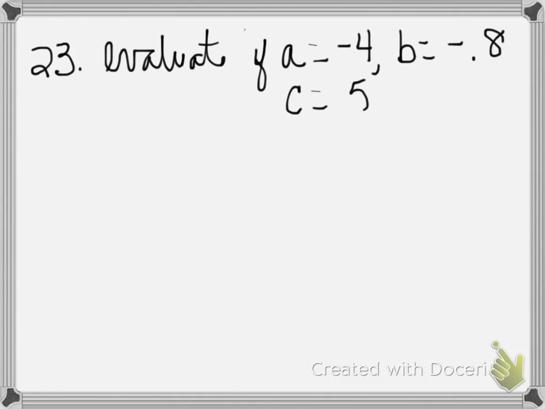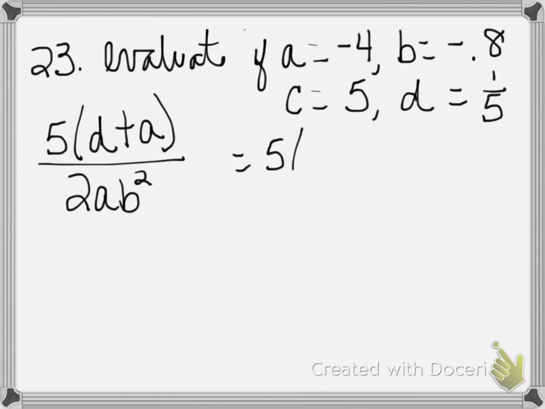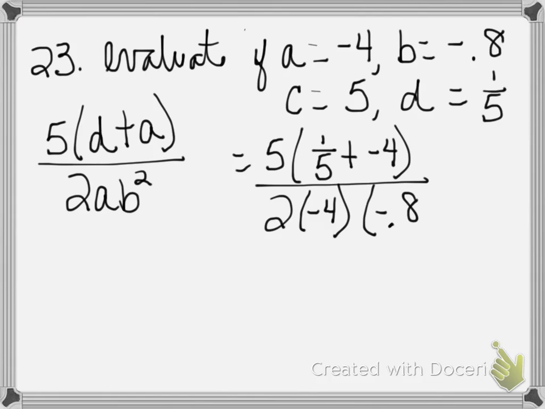Here's number 23. Now, you could have done this two ways. You could have cleaned up inside the numerator by getting a common denominator of 1/5 plus a negative 4. You'd have to turn the negative 4 over 1, get a common denominator of 5.